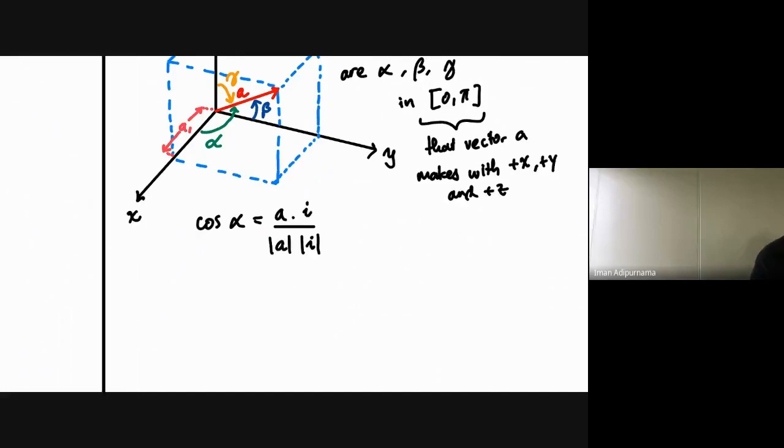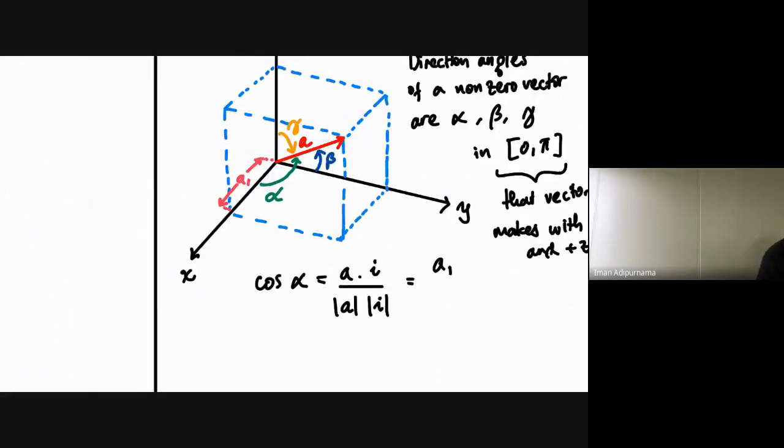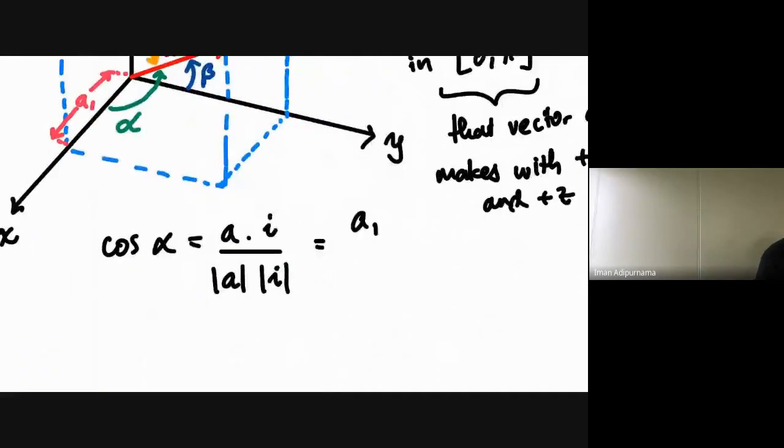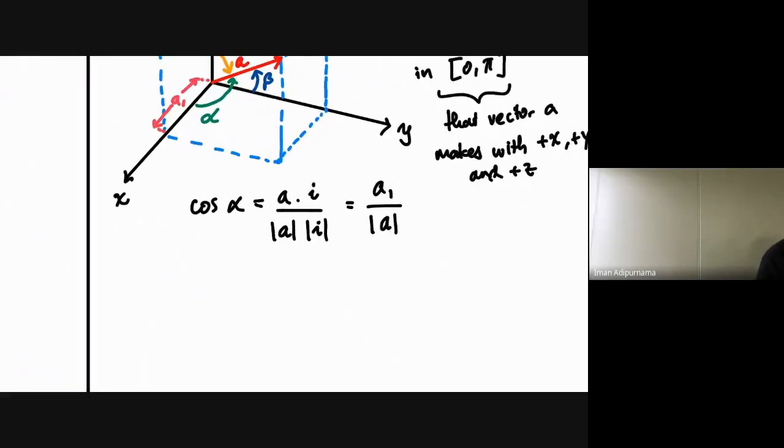Because the basis is just one length unit, you can write this in terms of A1 from the vector here, divided by A. The same thing for beta and gamma. So you will have A2 divided by A, and gamma.